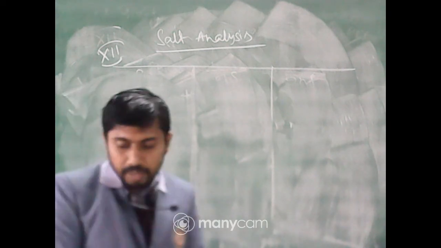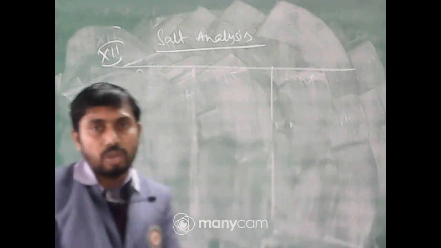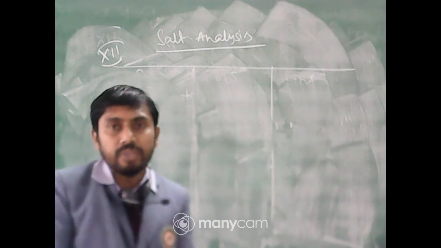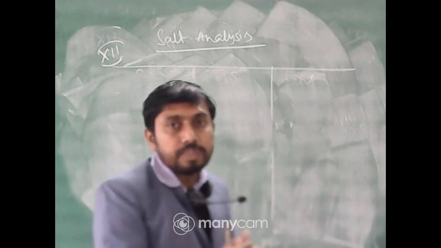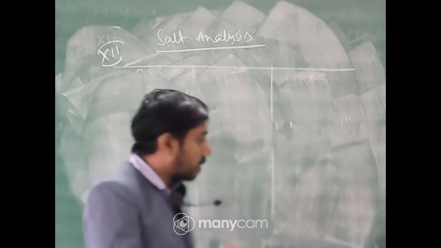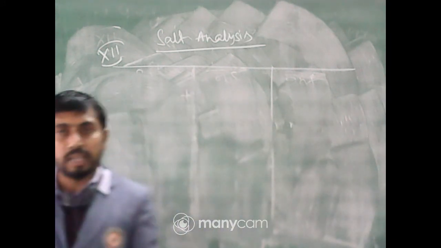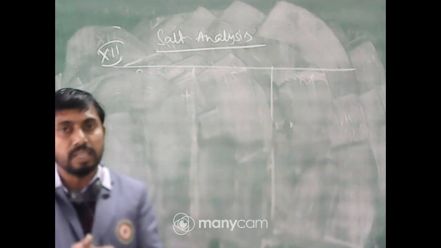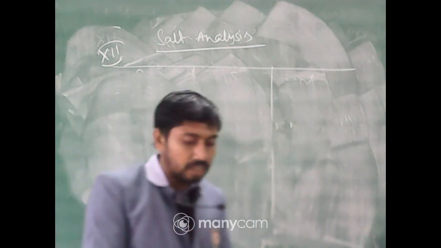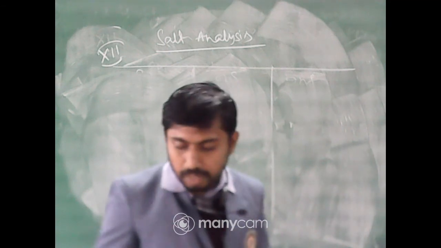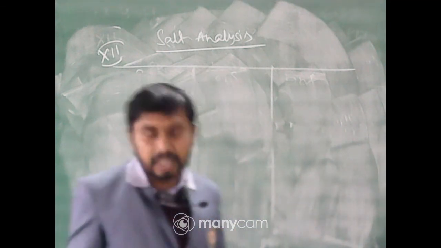Now I am taking one sulfate salt, and it is a group 6 sulfate. Group 6 is magnesium, and the salt is magnesium sulfate. Now how to test it?